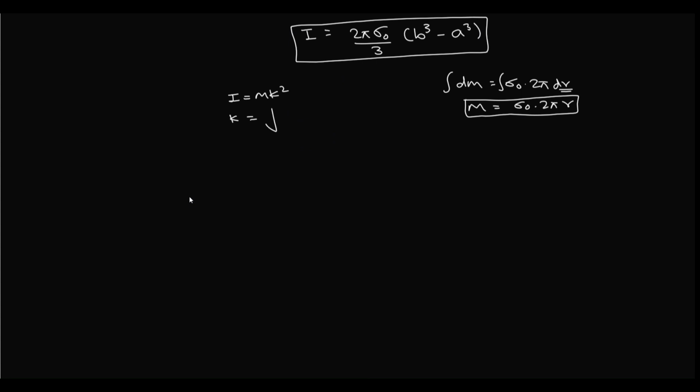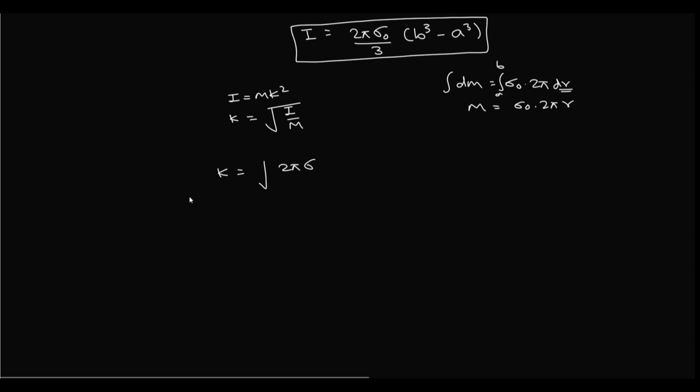k would be given as under root of I by m. So the radius of gyration is under root of 2 pi sigma naught, and here we have to put the limit, a to b. So this r would vary from a to b.